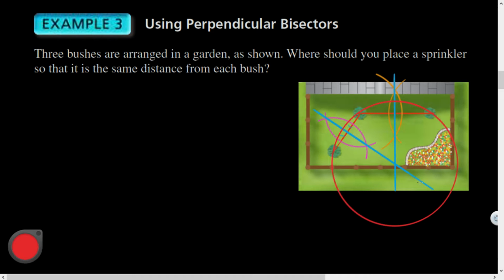Either way, if you place your sprinkler at this point, it will be equidistant from all of those because they would be points on the circle, and that would be the center of the circle, and that distance would be radii, like so.